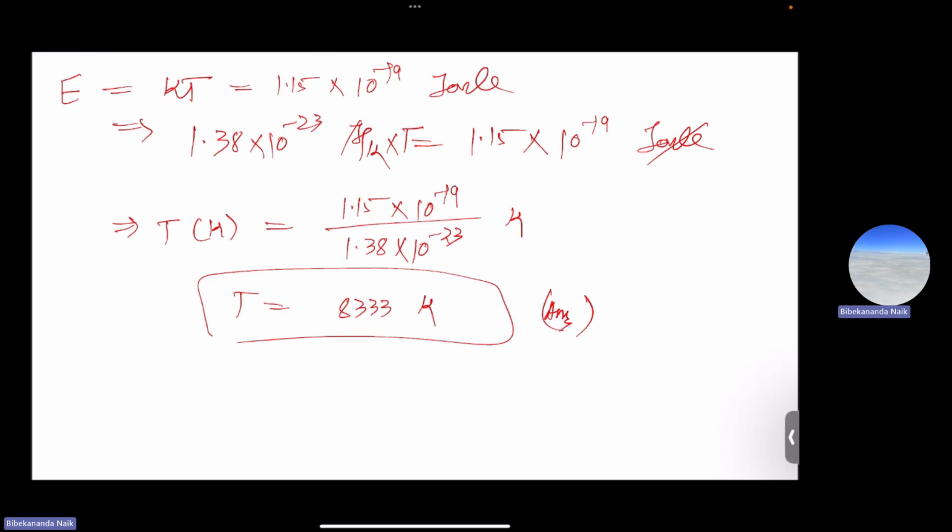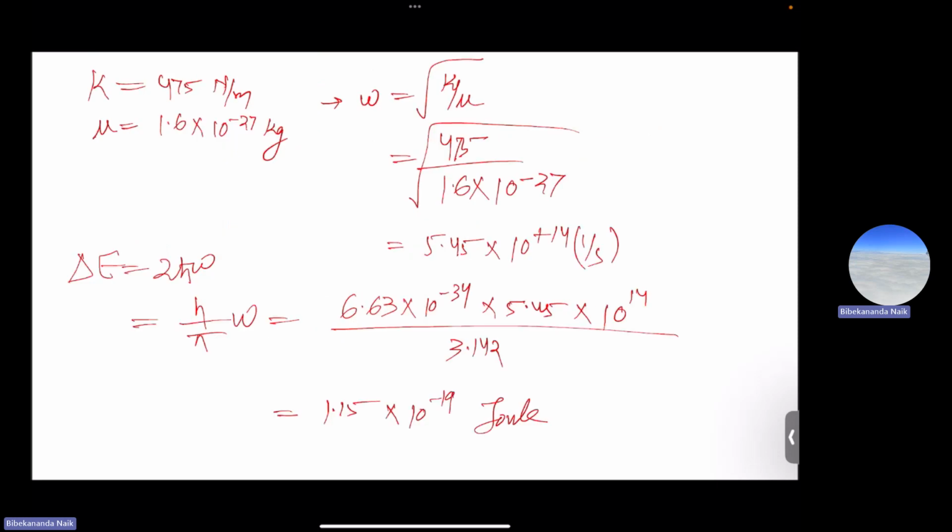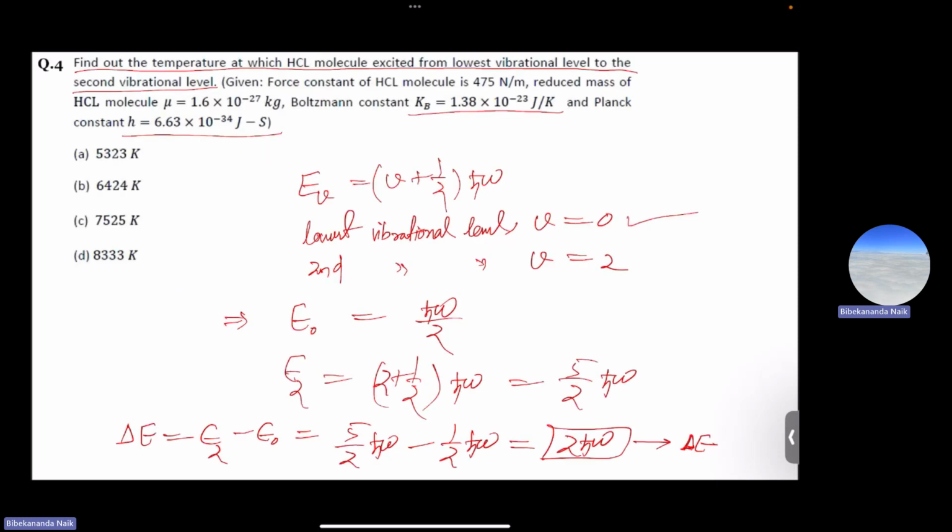So this is the temperature which corresponds to the difference in energy between the lowest vibrational level and the second excited vibrational level. For the lowest vibrational level, the energy is ħω by 2 because the value of v is 0.